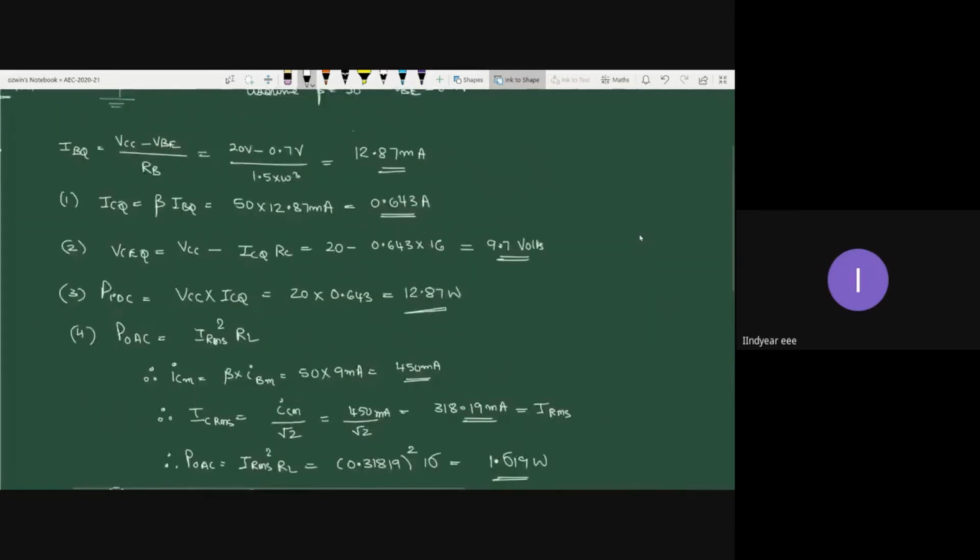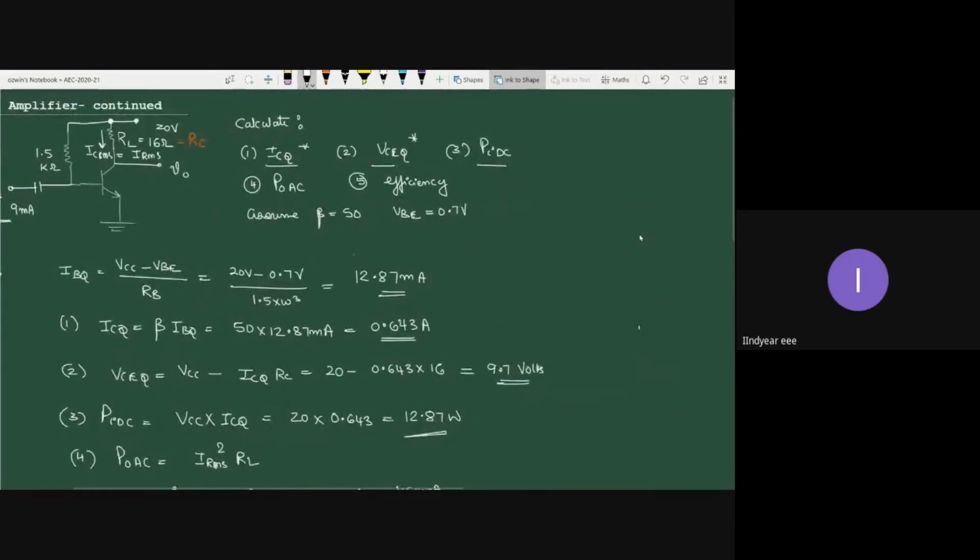Now, if you look at this particular problem, let's say you want to find out the amplifier's output impedance. Roughly, the amplifier's output impedance is Rn.